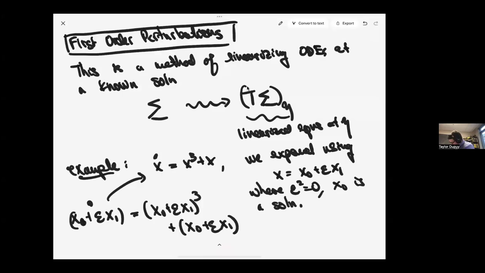All right. And so I'm going to expand this out, and I'll do this on the next page. So we have x0 plus epsilon x1. The derivatives distribute. And then here we had a cube. So we have x0 cubed plus 3 x0 squared x1 times epsilon, and then we had an x0 plus epsilon x1.